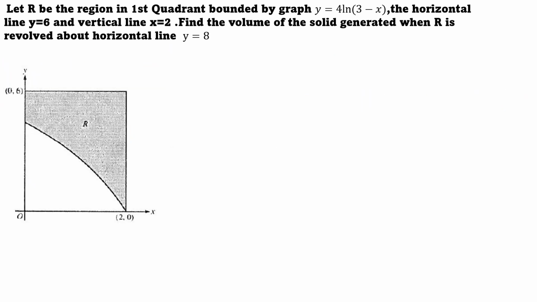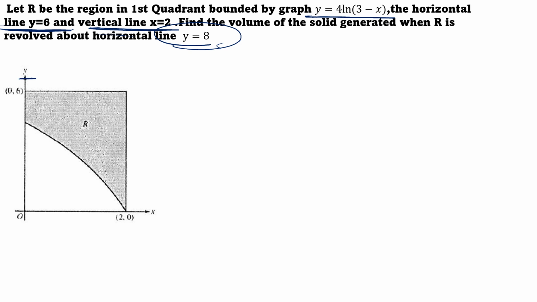Next question. Now here understand the value of y is given. Horizontal line y equals 6 is given. Vertical line x equals 2 is given. You have to find the volume of the solid when it is revolved along the horizontal line y equals 8.